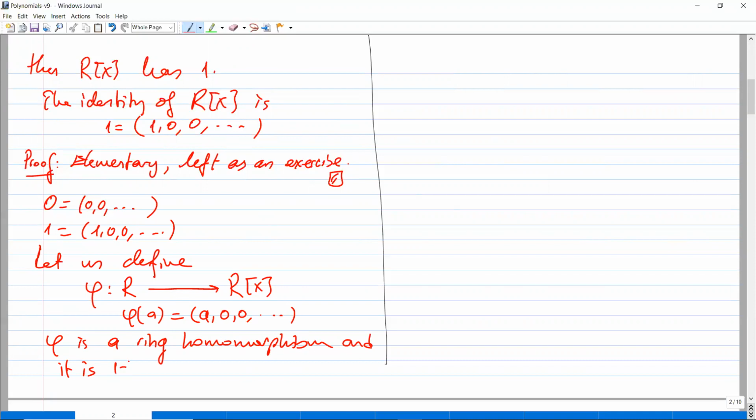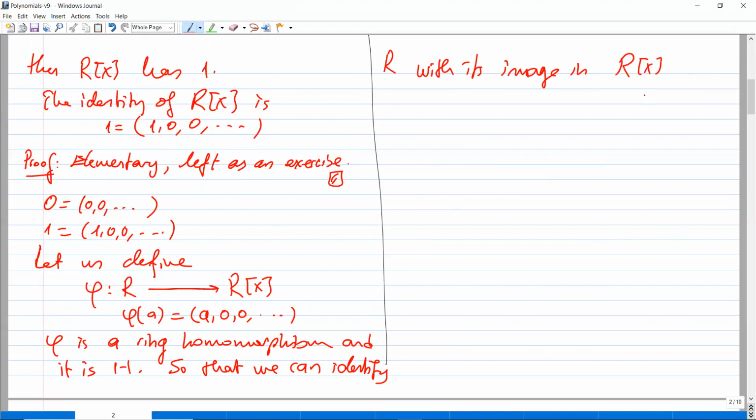Namely, it is a monomorphism, so that we can identify R with its image in R[x] by the above phi, so that R becomes a subring of R[x].